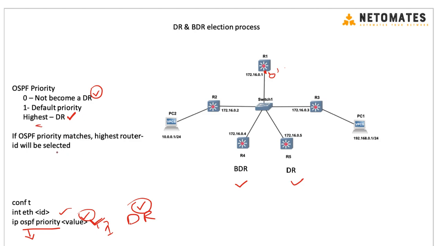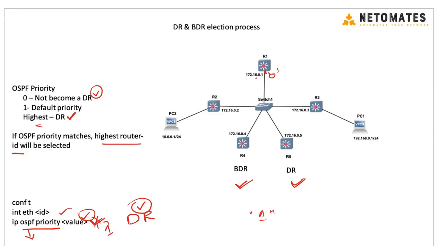If you are not configuring this value, all the routers will have the default value, 1. If all the routers have the default value, OSPF still needs to select one router as DR and another as BDR, so it will check for the highest router ID.